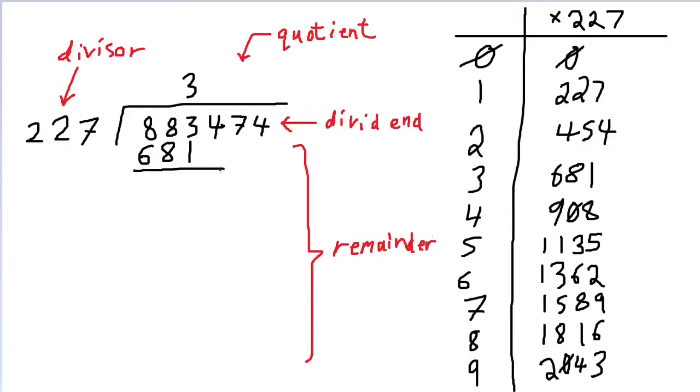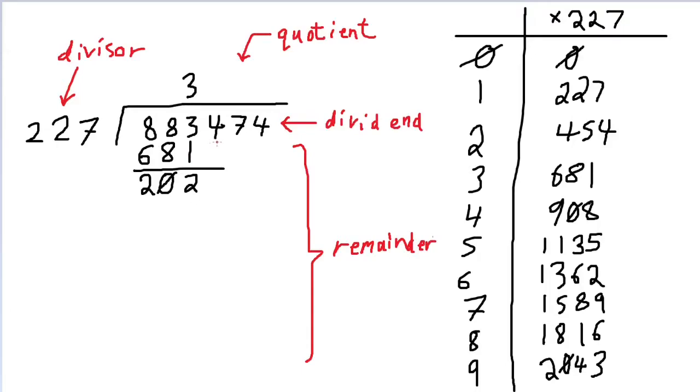So once we subtract them, this will give us 202. Now we're not done, since we still have to find the remaining digits of the quotient. In order to obtain the next digit, we need to continue with the division.